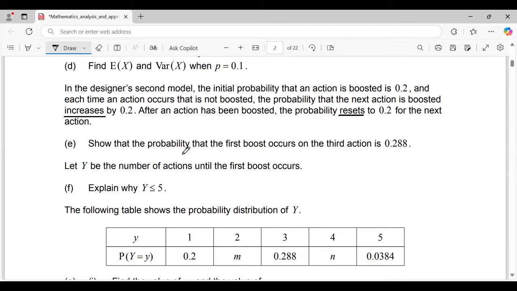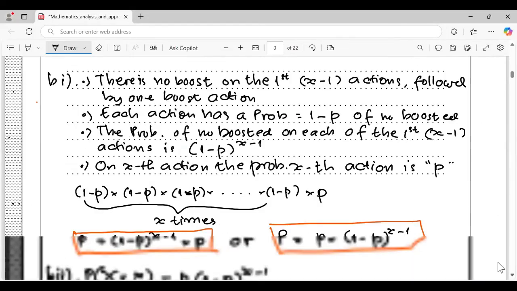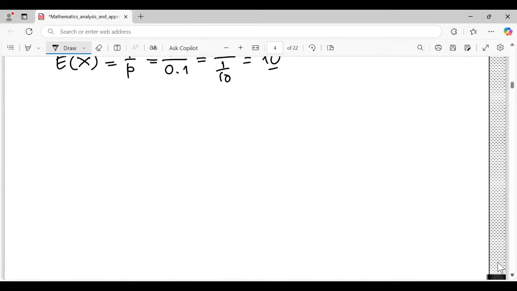Show that the probability that the first boost occurs on the third action is 0.288.